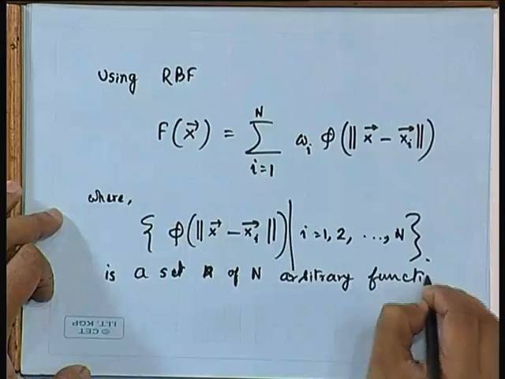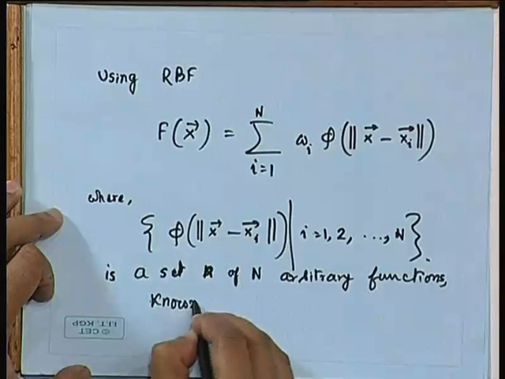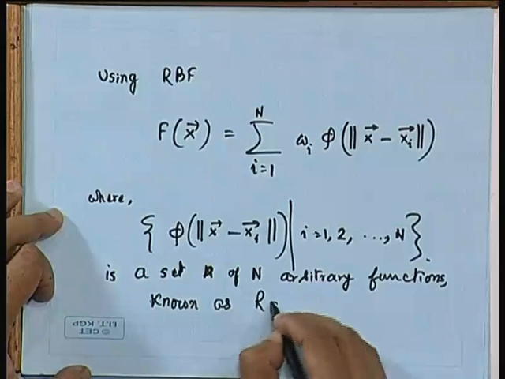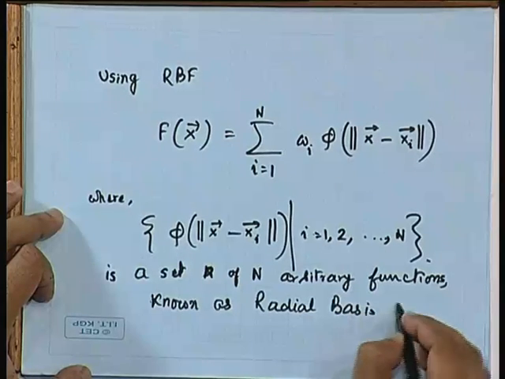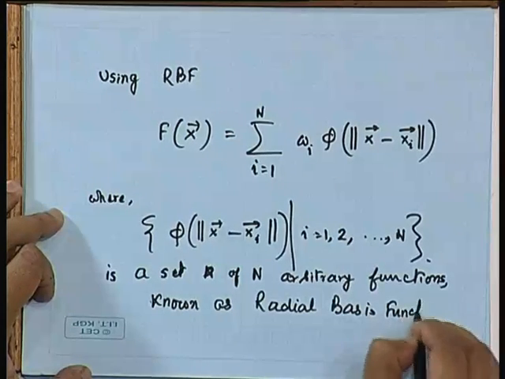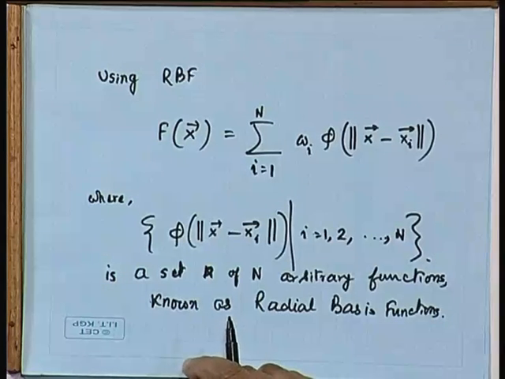And what are these functions known as? This set of n arbitrary functions is known as radial basis functions. So, this is the way our function is defined.